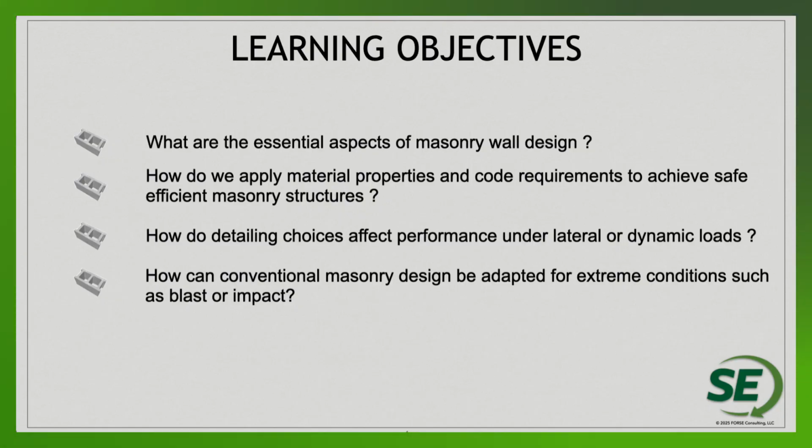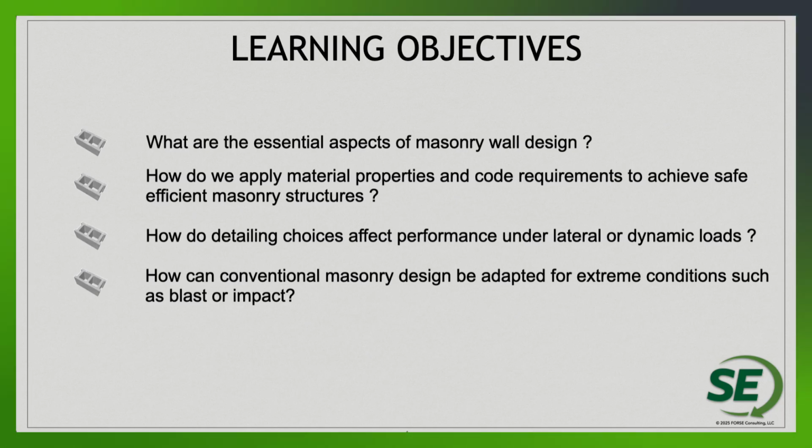Okay, that brings us to our learning objective for today. So what are some of the essential aspects of masonry wall design? We cover a lot of different topics for masonry design: how to be more efficient with materials, how to be more effective with the way that we choose the different materials, and how to build with masonry elements. Certainly there are a lot of different things that are important for a typical masonry wall.